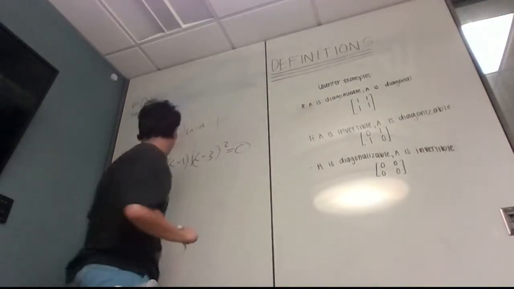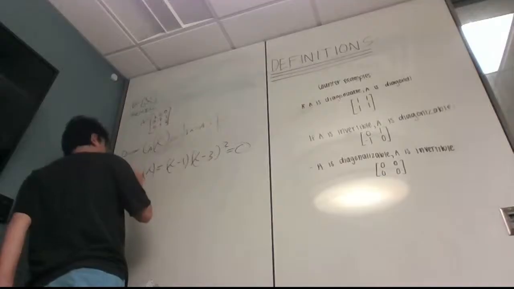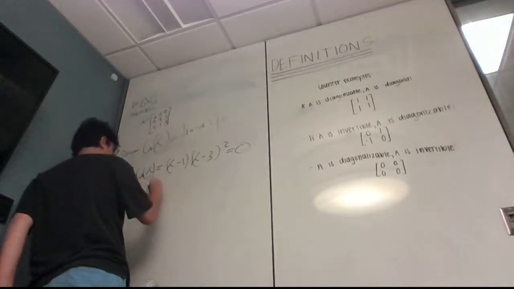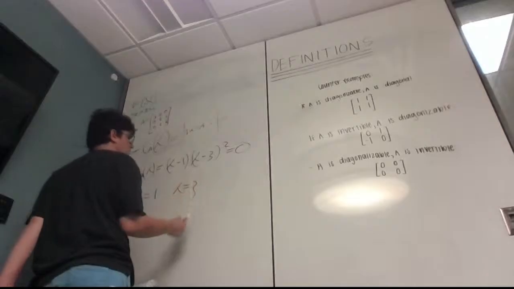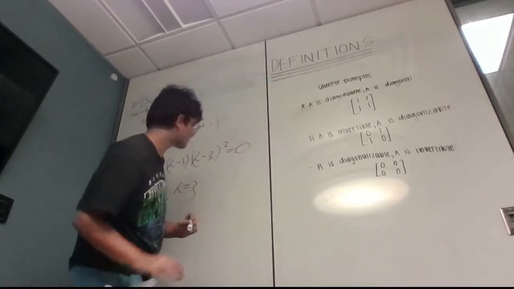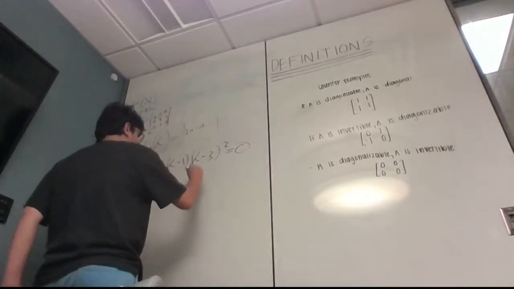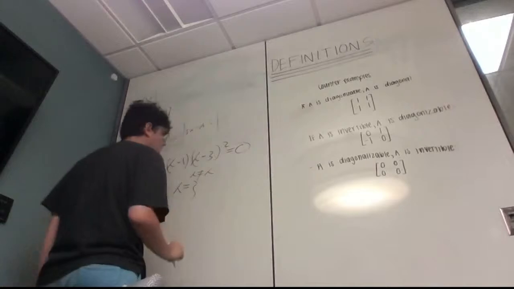So, what do we have? We have our first eigenvalue is equal to 1, and our second eigenvalue is equal to 3. Now, why don't we have a third eigenvalue? Well, that's because we cannot have two eigenvalues that equal to each other in this case.